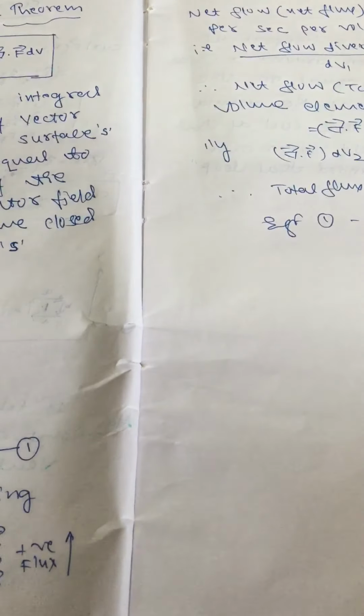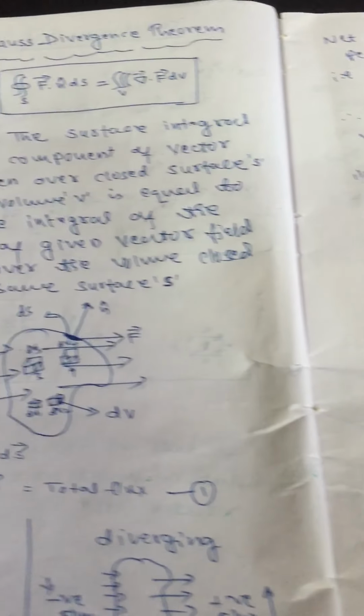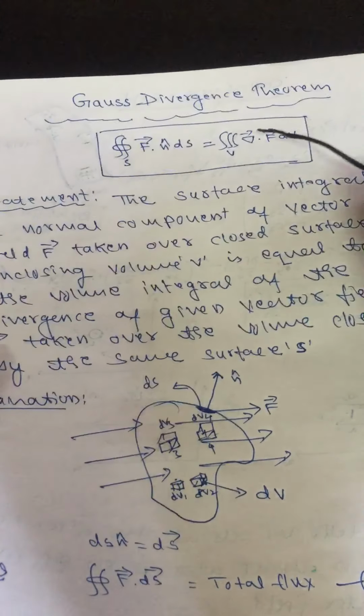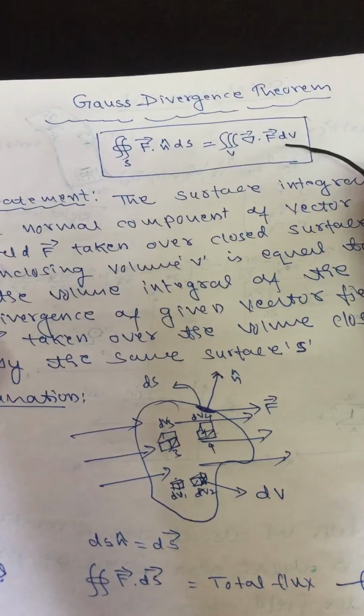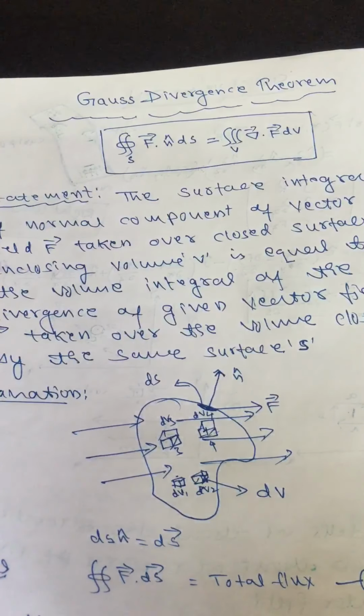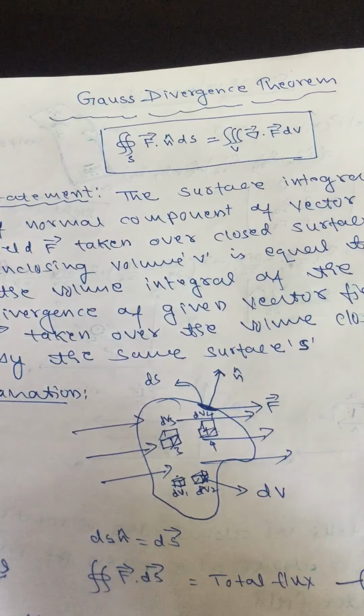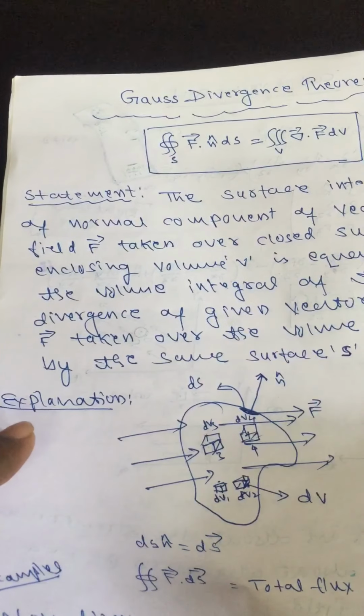So equation 1, the surface integral over the closed surface, is equal to the volume integral of the divergence of the vector field. That is the Gauss divergence theorem. I will state this statement, carefully listen.